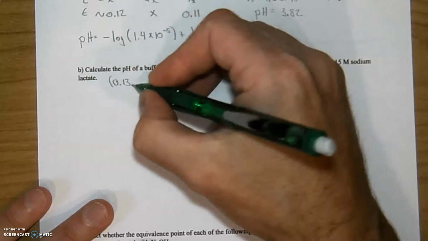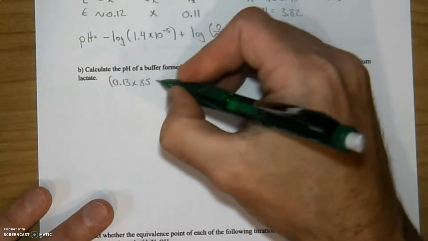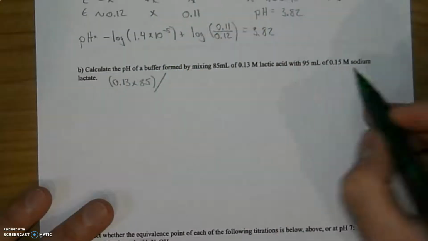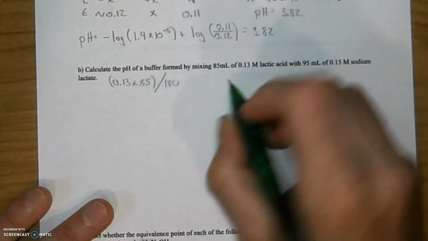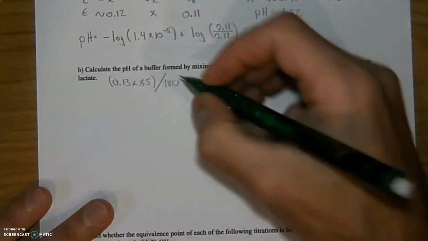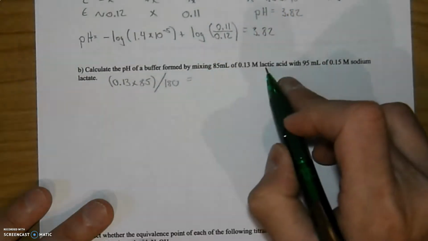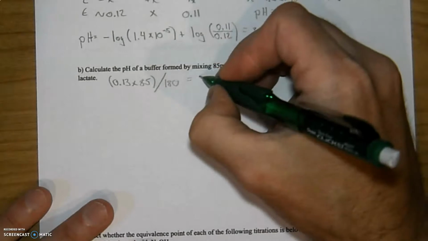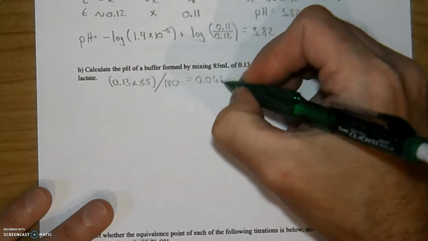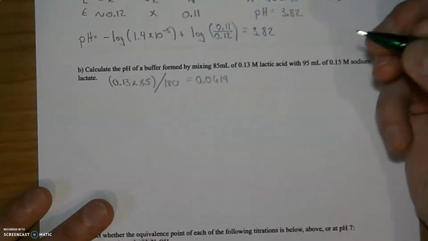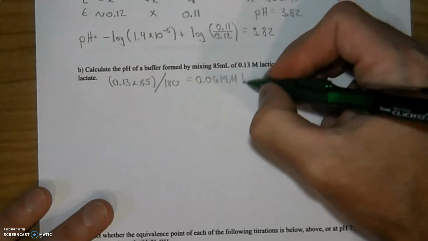And we will multiply times its volume, which is 85, and then divide by the new volume, which is going to be 180, 85 plus 95, and that'll give us a new concentration for the acid, which is 0.0614, I believe, molarity. And I'll just go ahead and write that down, HA.